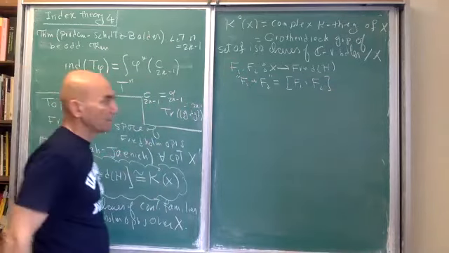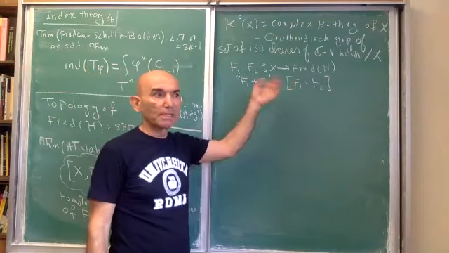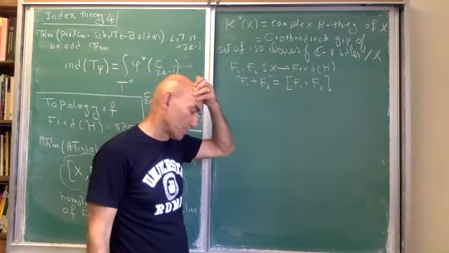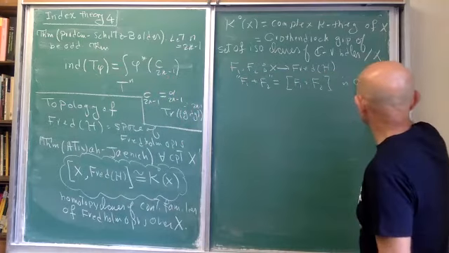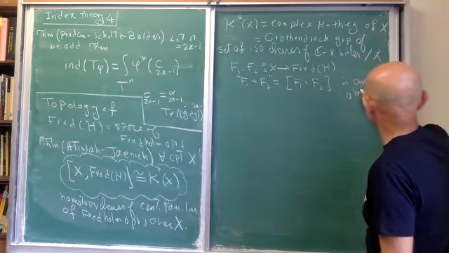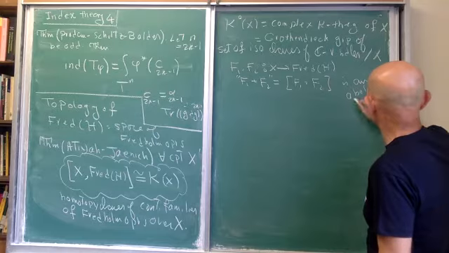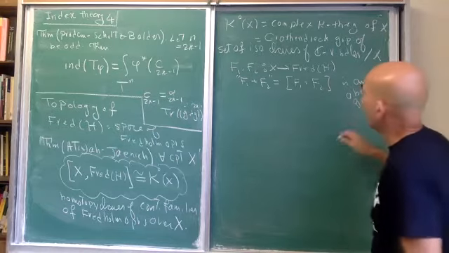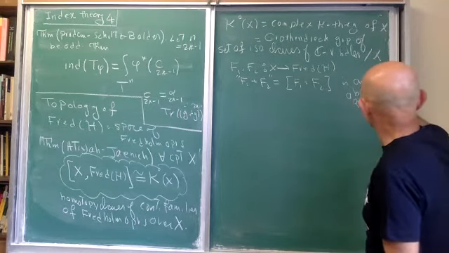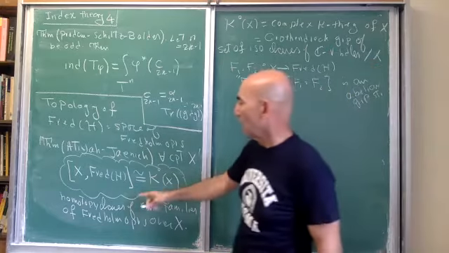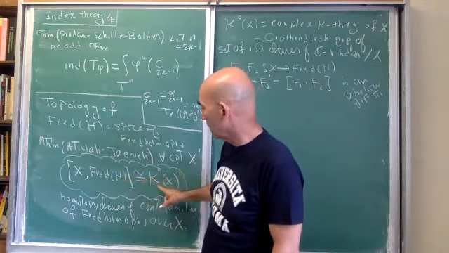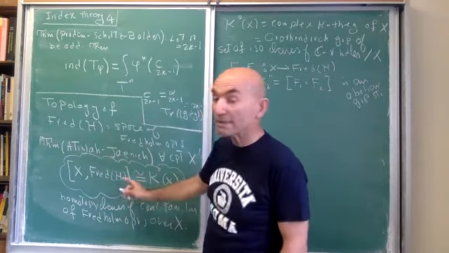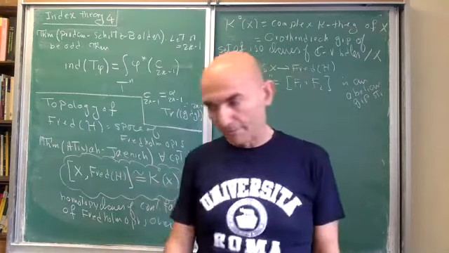You can show that this is an abelian group structure on the left-hand side. So the statement is that this canonical isomorphism is an isomorphism of abelian groups.